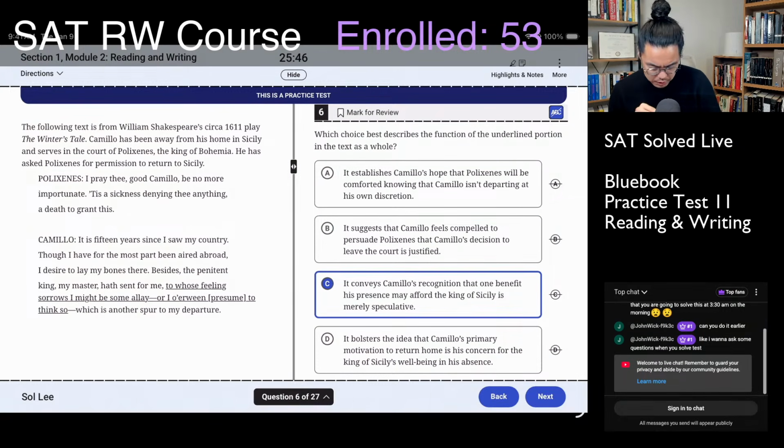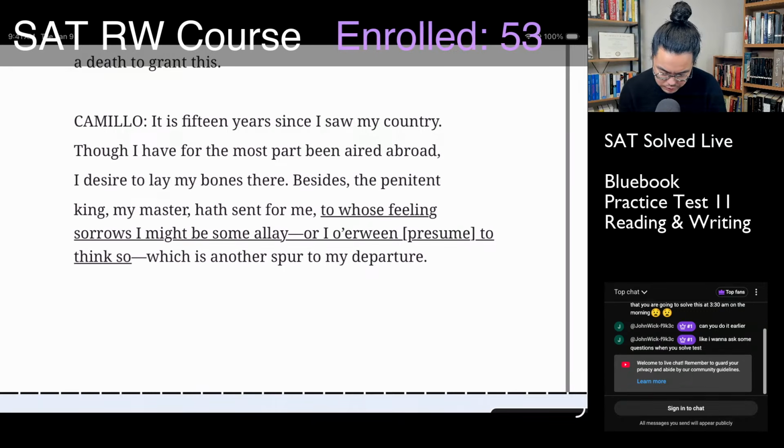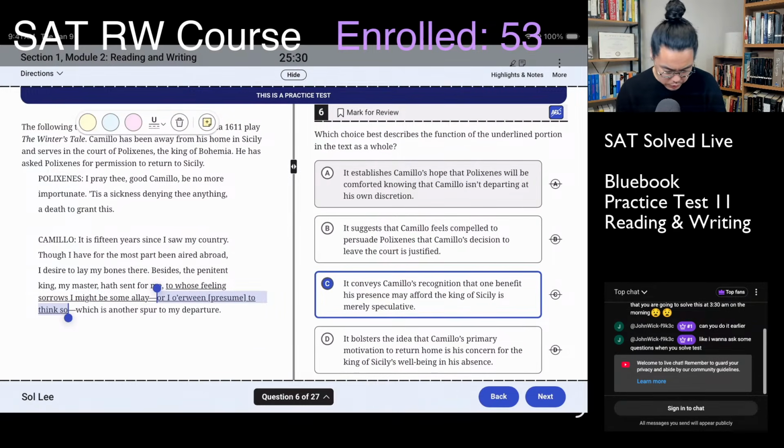Recognition that one benefit for the King of Sicily is merely speculative. Oh, dude. But this one, for C to be correct, you need to only underline this part. What the hell? Dude, for C to be correct, it has to just be.